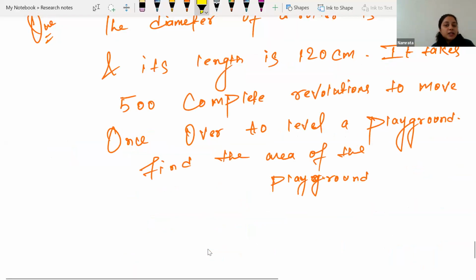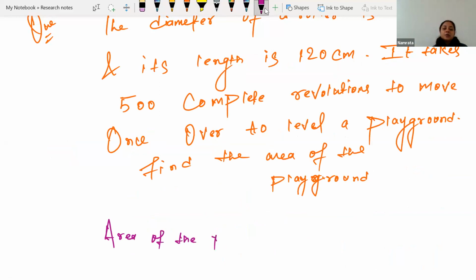Find the area of the playground. So I'm going to say that the area of the playground must be equal to 500 times the curved surface area of the cylinder.